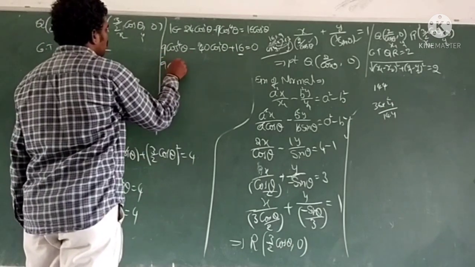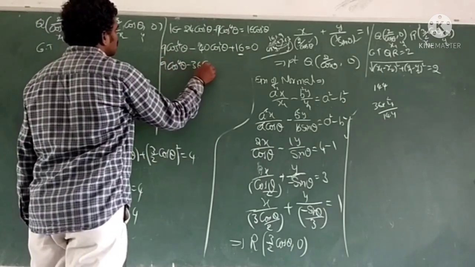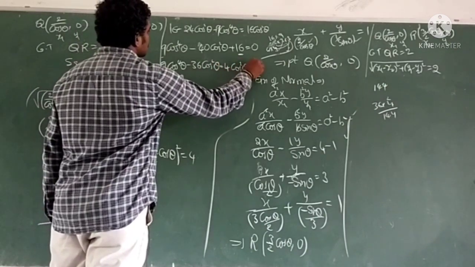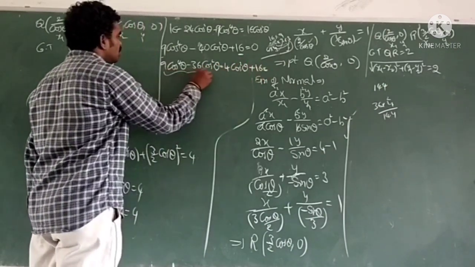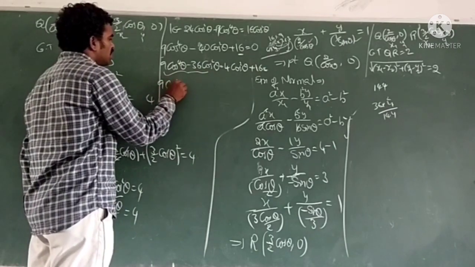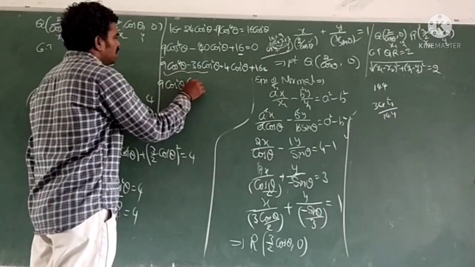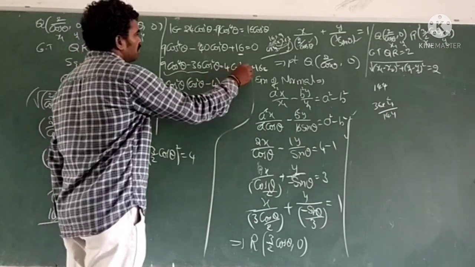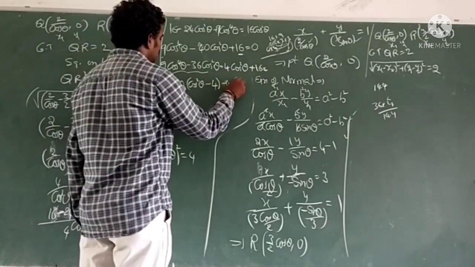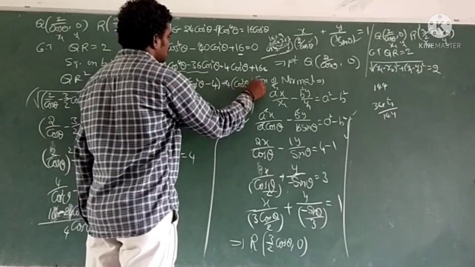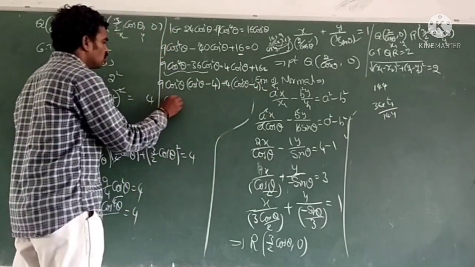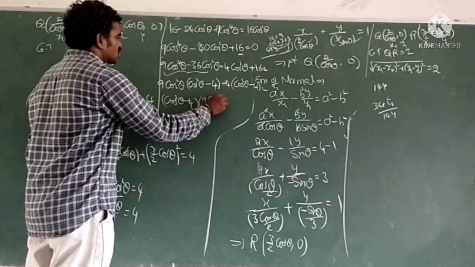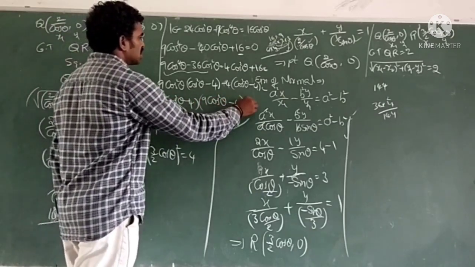So 9 cos power 4 theta minus 36 cos square theta minus 4 cos square theta plus 16 equals 0. From the first two, 9 cos square theta is common, and the remaining is cos square theta minus 4. From the last two, minus 4 is common, and we get cos square theta minus 4 equal to 0. So in both, cos square theta minus 4 is common, and 9 cos square theta minus 4 remains.